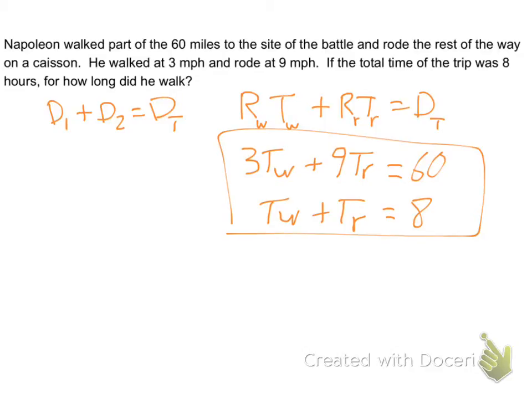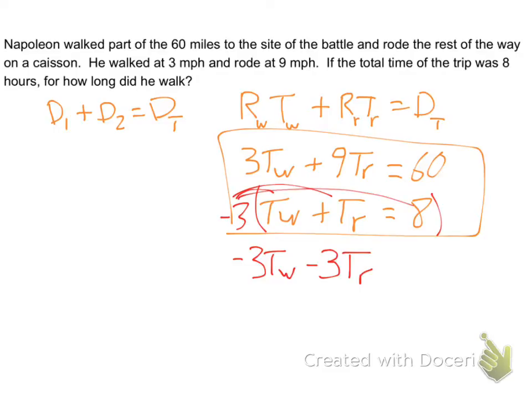What's the easiest way to solve this system? Elimination. Multiplying the second equation by -3. So I think everybody should say, hey, that's a -3 TW. When I distribute through, I get a -3 TR equals -24.